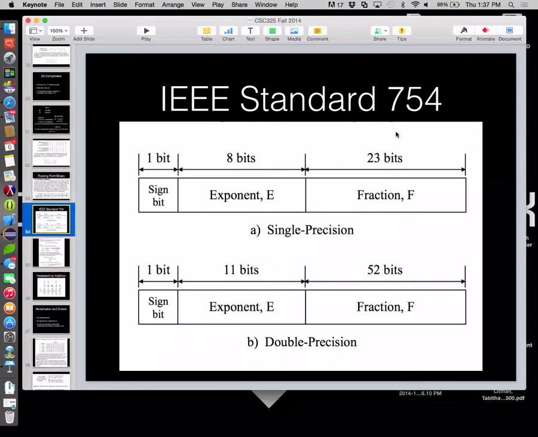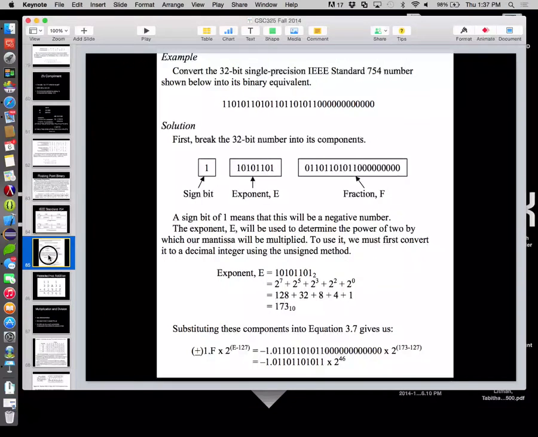The next 23 bits would be 1, 2, 3, 4, 5, 6, 7, 8, then 1 through 23. So that's our 23 bits. So this guy right here should be those 23 bits. 1, 2, 3, up to 20.